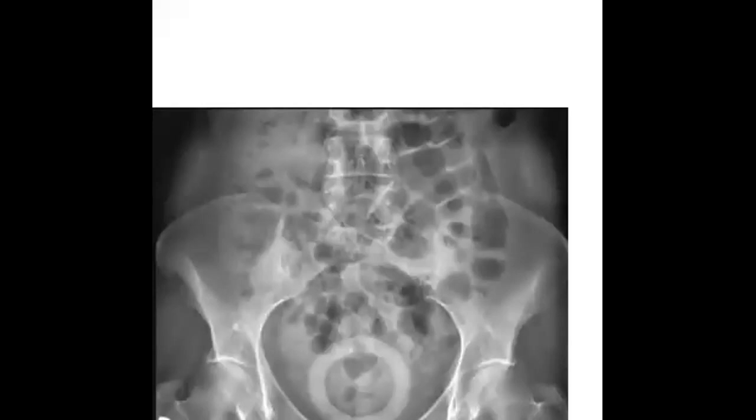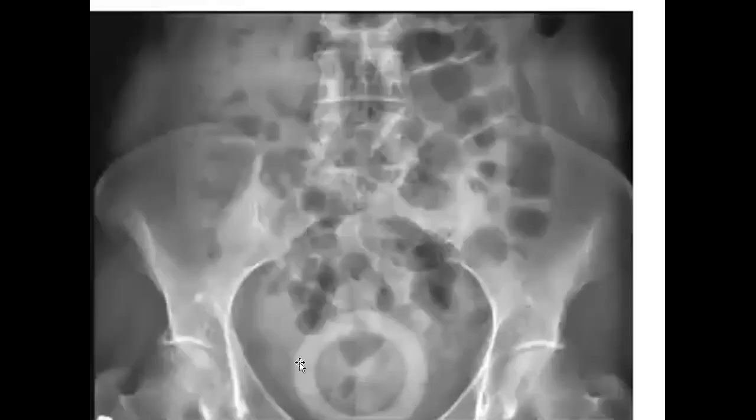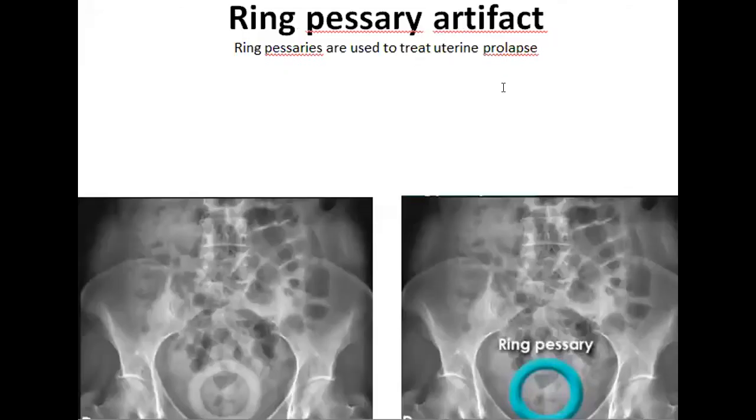this one is what? Pessary, yeah, for prolapse. This is for uterine prolapse. Yes. So this one is for uterine prolapse.